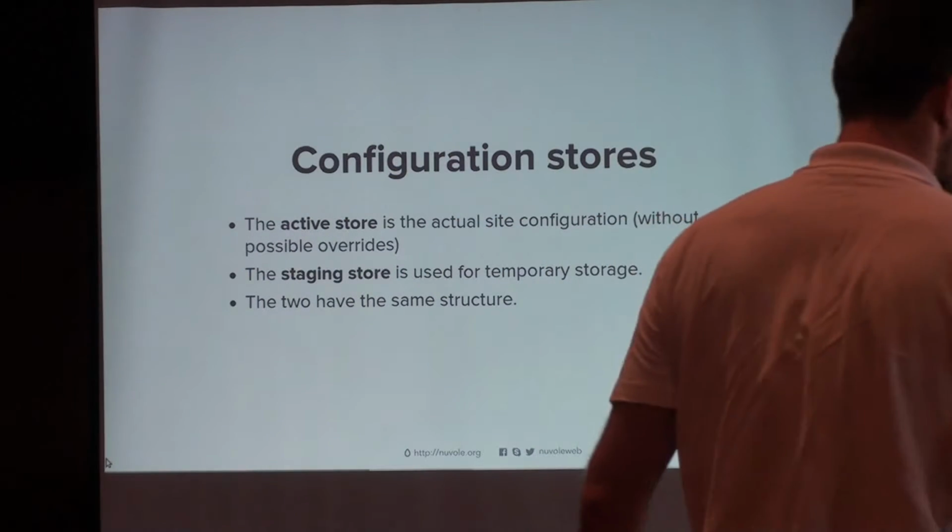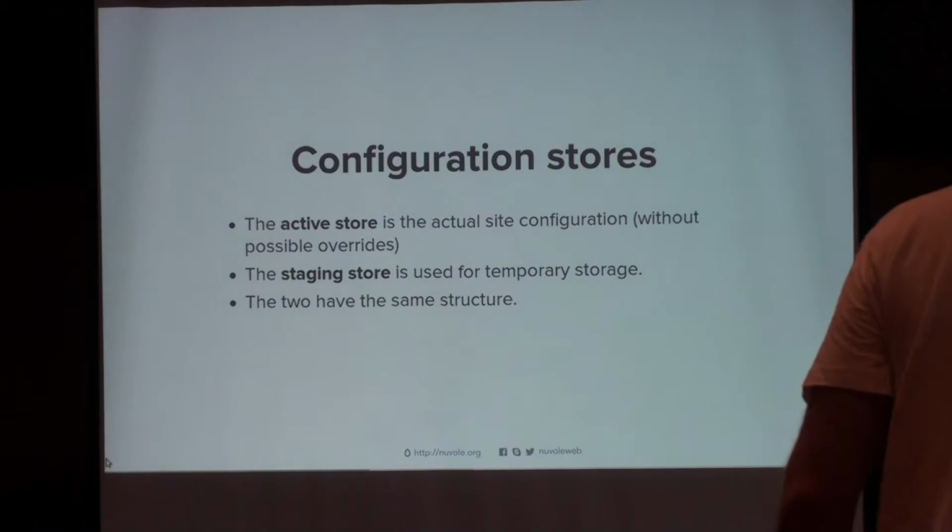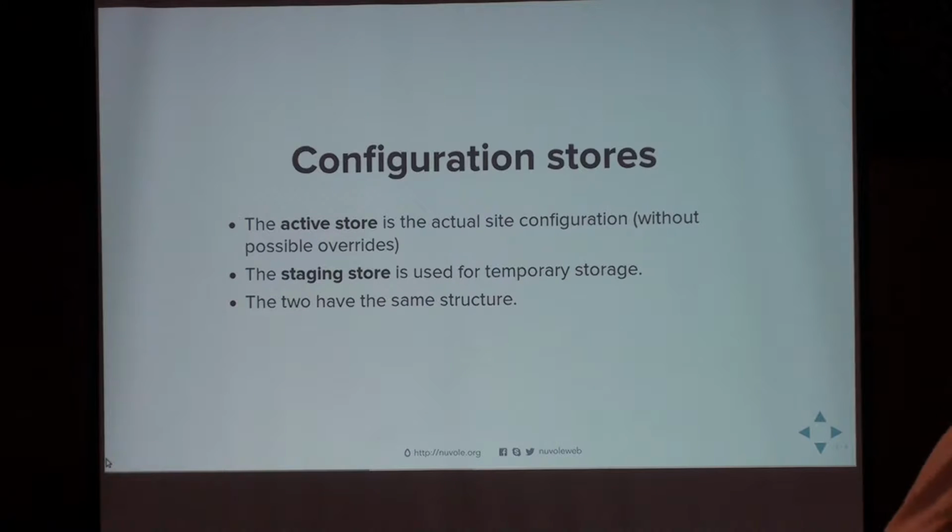And there's also the staging store, and this is where you upload the content of your zip file to, when in the previous example that I was just showing you, when you upload a zip file. And that's why also by default this file is in a temporary directory. They both have the same structure, so you can also diff them, even though one is in the files and one is in the database by default.